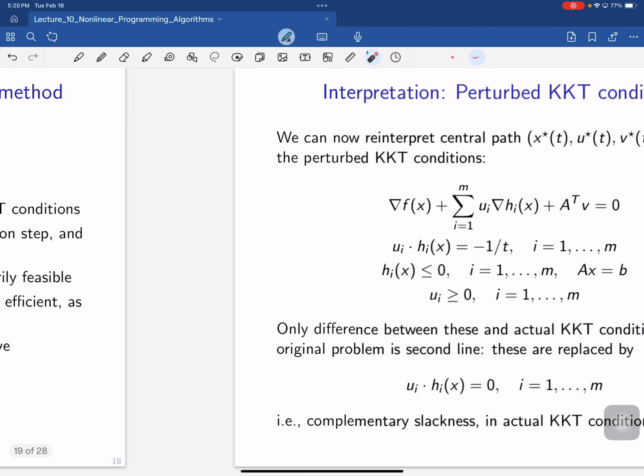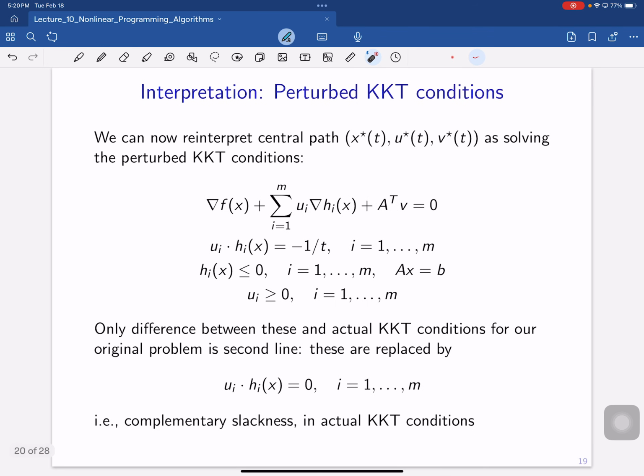Okay. So the idea of primal dual interior point method is similar to log barrier method. Right? So instead of using the log barrier function, let's just apply some linear equation solver or nonlinear equation solver to this perturbed KKT conditions.